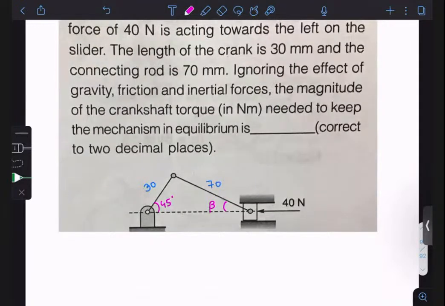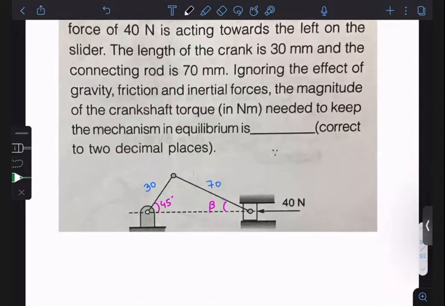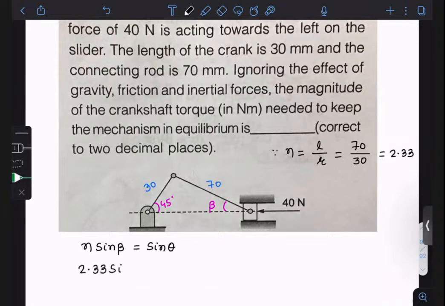So we know the relation. First you find out n. N is L by R. 70 by 30 means 7 by 3, which is 2.33. Now we know the result n sine beta is equal to sine theta. So n we know 2.33, sine beta is equal to sine 45.